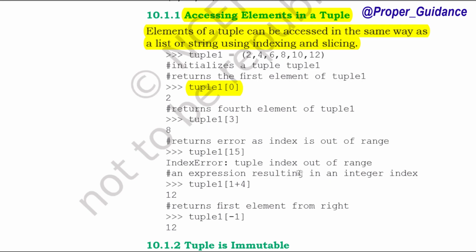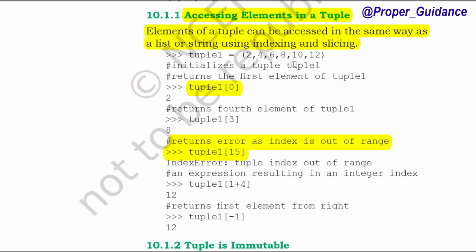Clear? Now there is one more thing. Suppose you write tuple1[15], giving the index as 15. In our given tuple the number of elements is 6, and I am giving the index value as 15. That means the index is out of range, greater than the number of elements in that particular tuple.